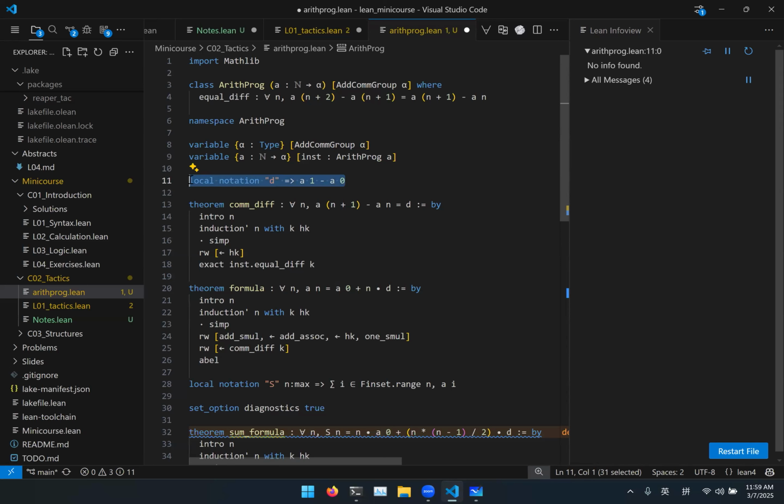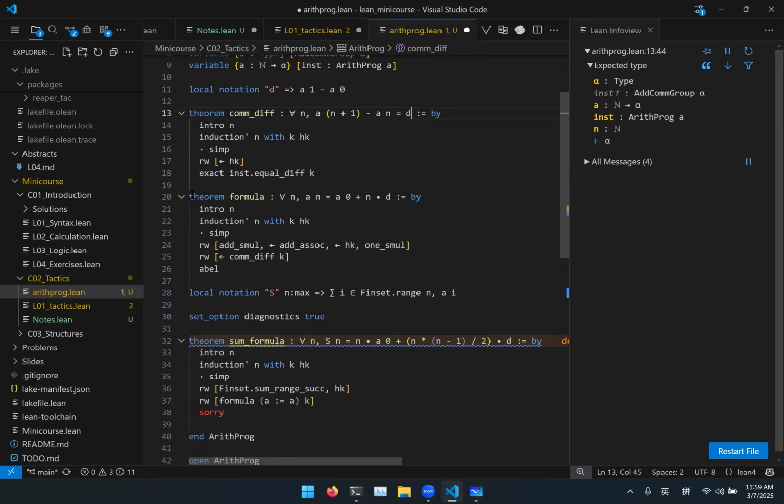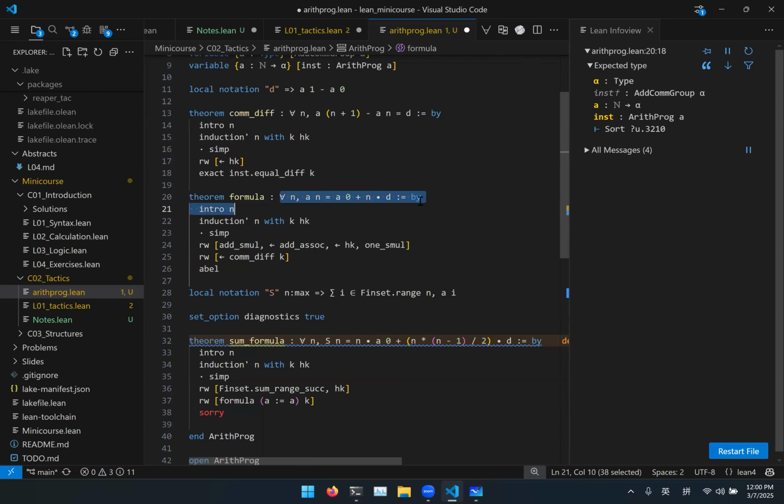We also have a notation which matches the style of normal mathematics, which is D to denote the difference. So we can supply a proof that for arbitrary difference equal to D, we can also prove the formula for any element in this series, which is like this.